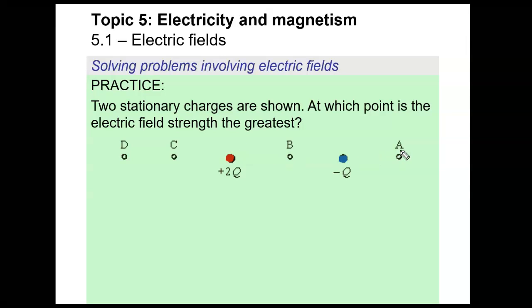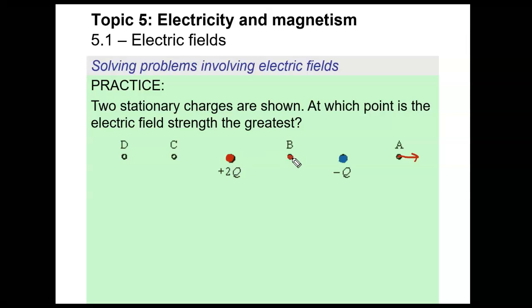Well, positive and positive repel, so it would feel a force to the right. Okay, so the electric field at point A, just solely from the red charge, would be to the right.